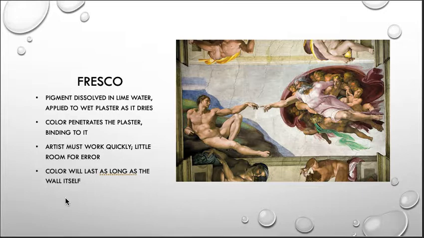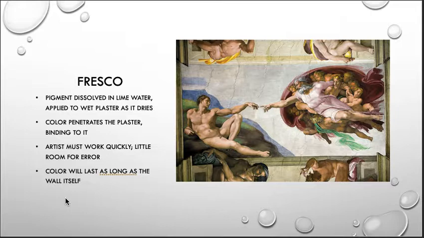Okay, so fresco. Fresco is pigment that's dissolved in lime water, and it's applied to wet plaster as it dries. So that has its ups and downs. The color is going to last forever because it's penetrating that plaster. It becomes part of the plaster, and it really binds to it, so it's basically impossible to wash away.